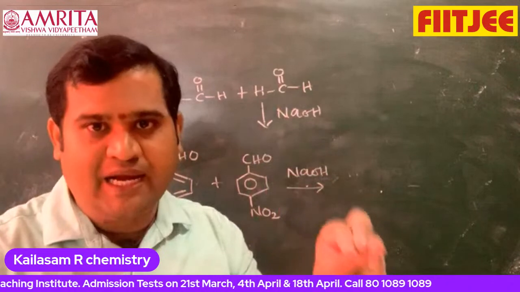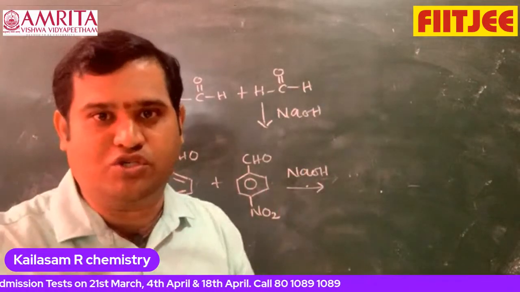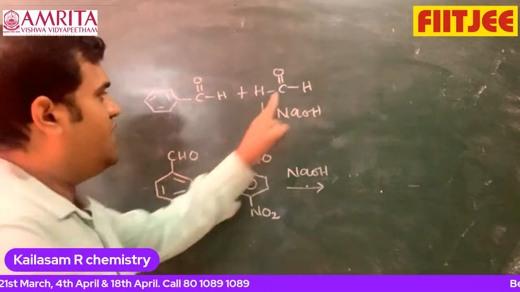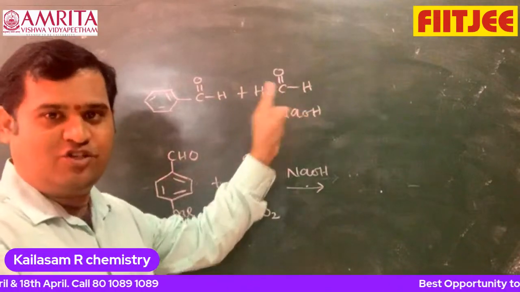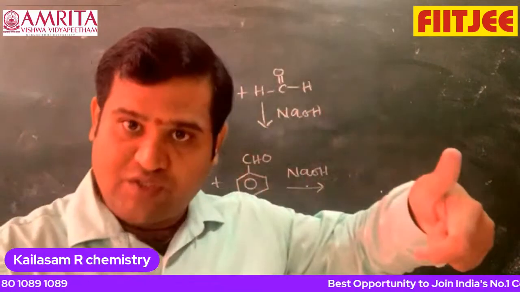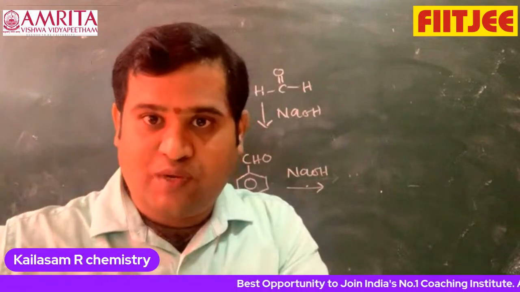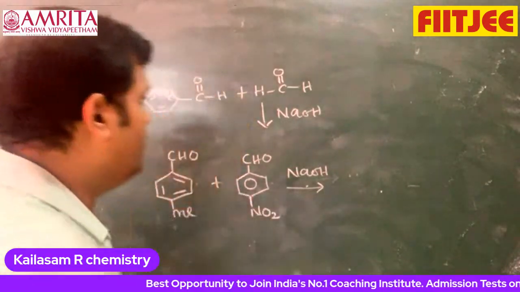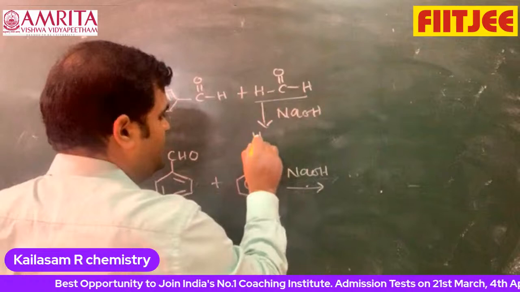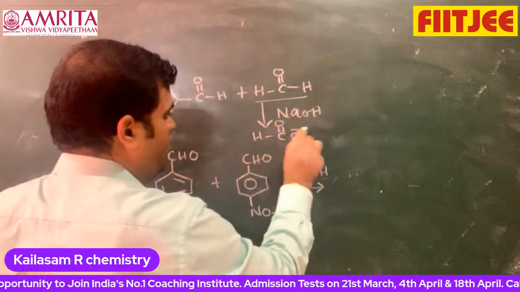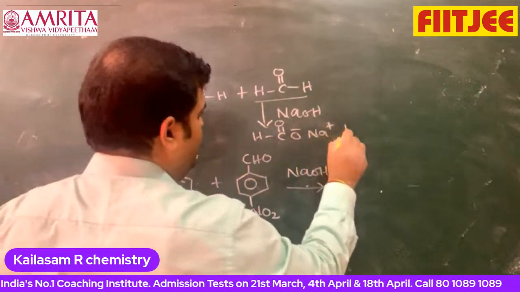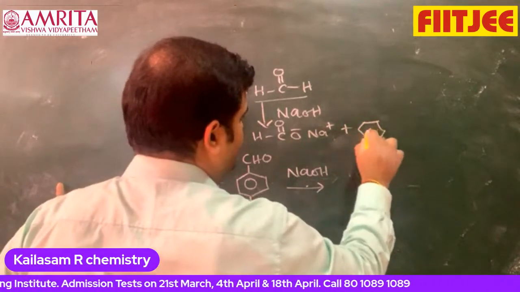That means formaldehyde gets oxidized, the other reactant gets reduced. Why? Because this undergoes nucleophilic addition faster, so hydride transfer takes place from it, and it gets oxidized. Therefore, this is HCOO minus Na plus.